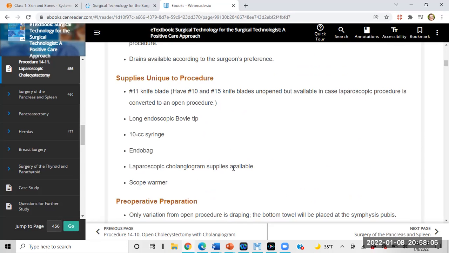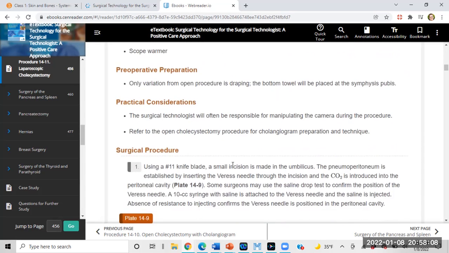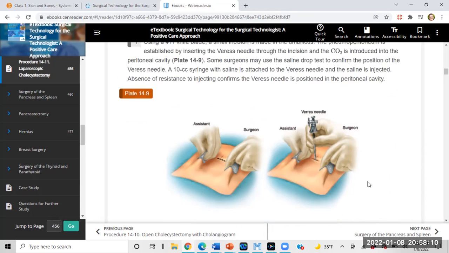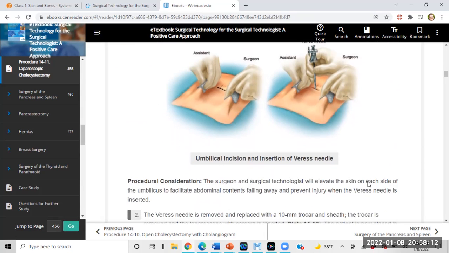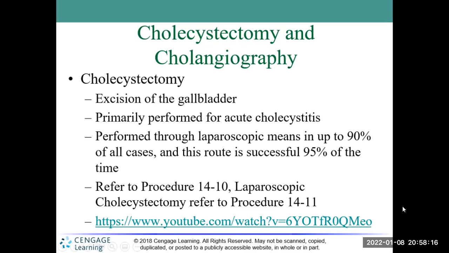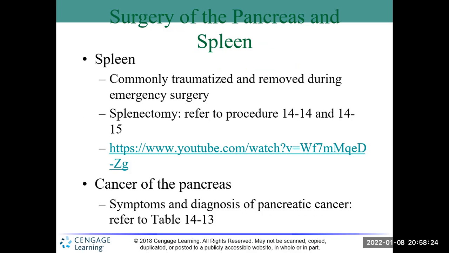Supplies that are unique to this procedure, pre-op, and then the procedure itself. And there's this procedure. It is a really good video for you guys to watch on these procedures.